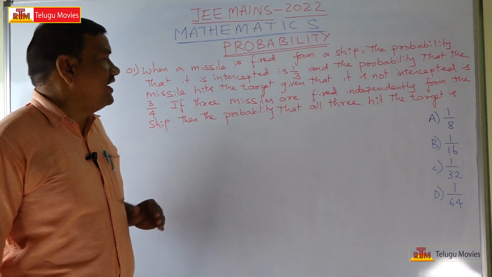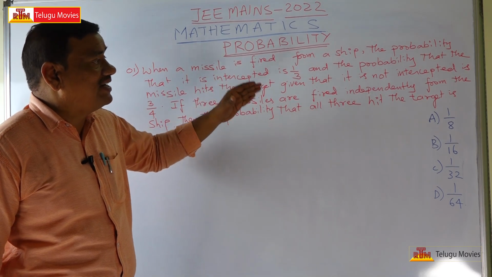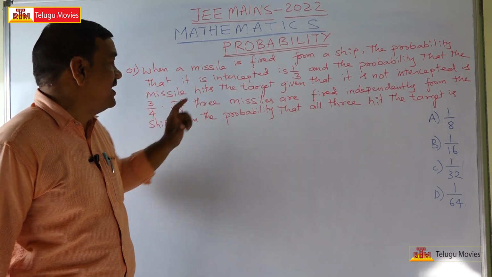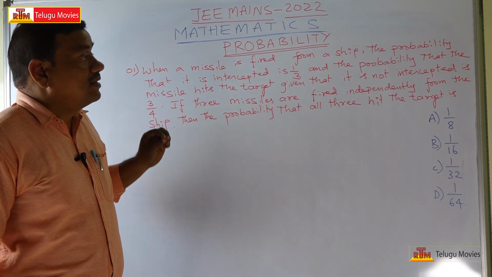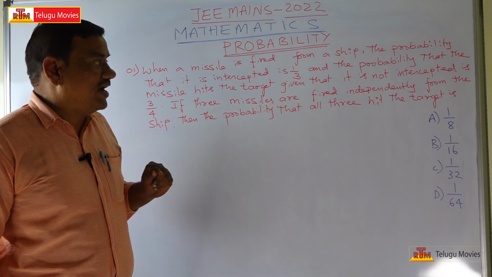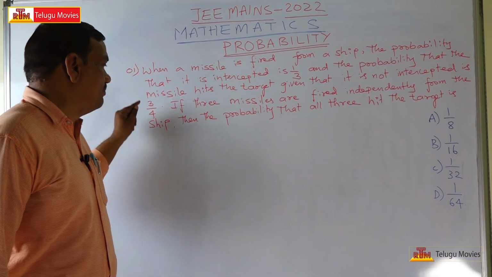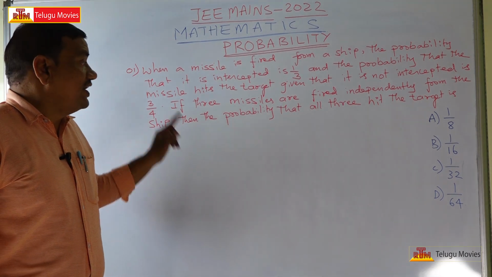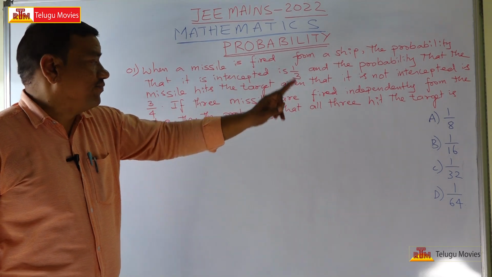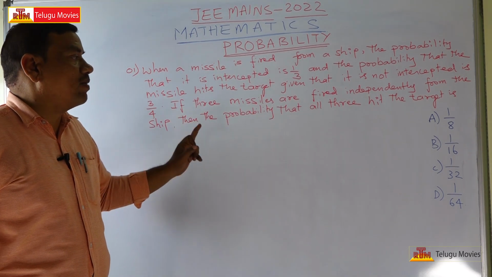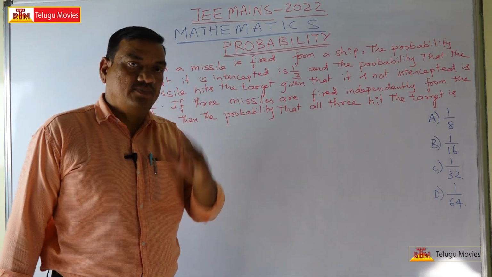The probability that the missile hits the target, given that it is not intercepted, is 3/4. If 3 missiles are fired independently from the ship, then the probability that all 3 hit the target is.